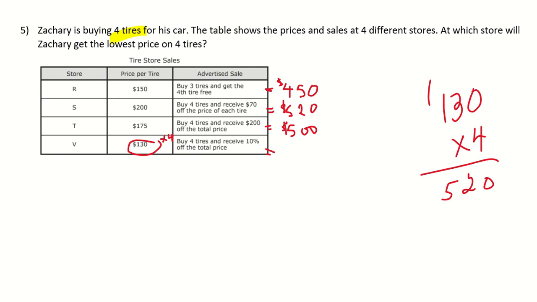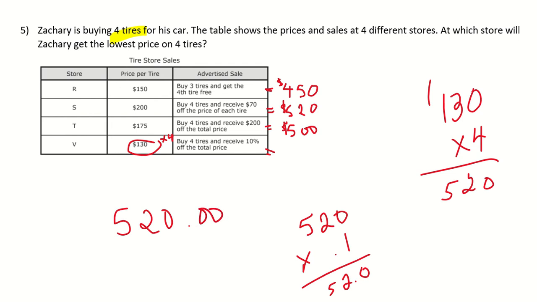So buy 4 and receive 10% off. So I need to do 10% off of that. 520 times 10%. 10% is 0.1, so I can take off $52 because 10% is $52. So I need to do 520 minus $52.